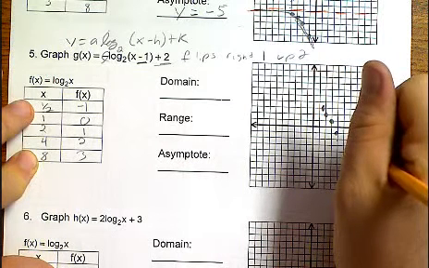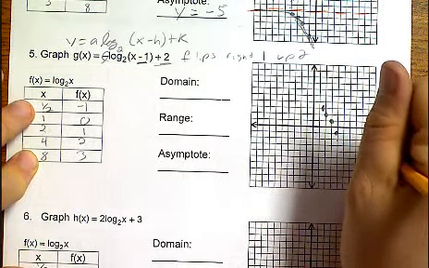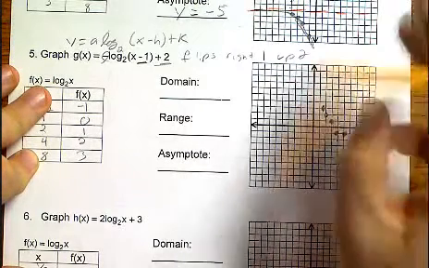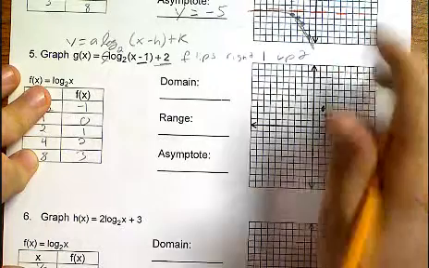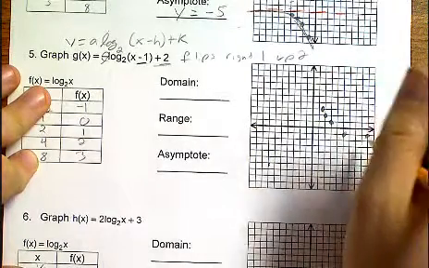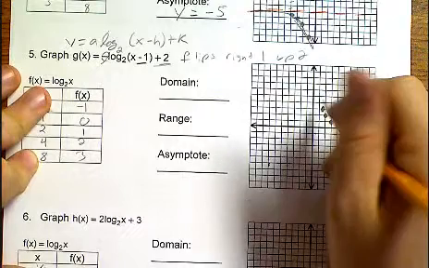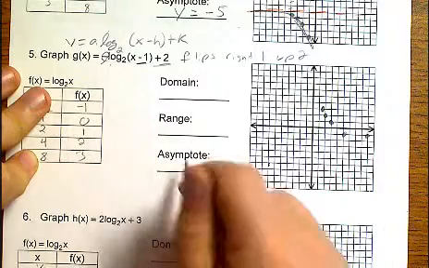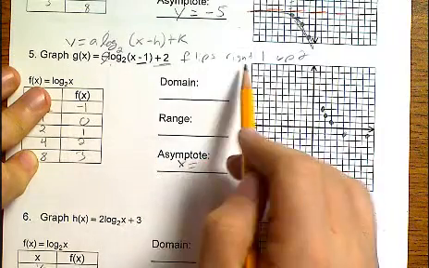I forgot to go right 1 and up 2. This one needs to be here. I forgot about my right 1. And now we need to figure out our asymptote. Well, on these, our asymptote is an x equals line, so we need to move right 1.